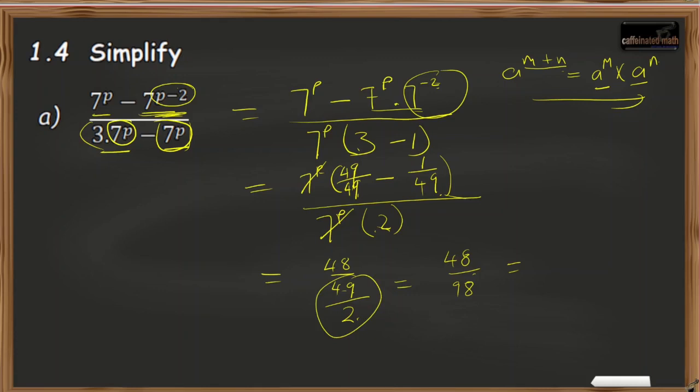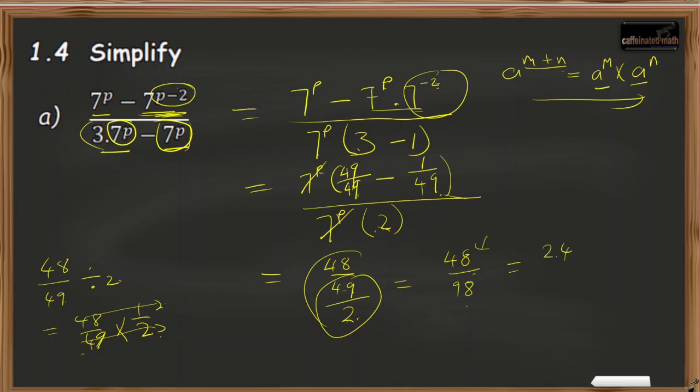For those pondering how I got to that 98, let's just investigate that. That's going to be 48 over 49 divided by 2, which is the same as 48 over 49 multiplied by a half, and we know that we multiply horizontally in that direction, so that's 48 over 49 times 2 gives us that 98, and I can simplify this even further.